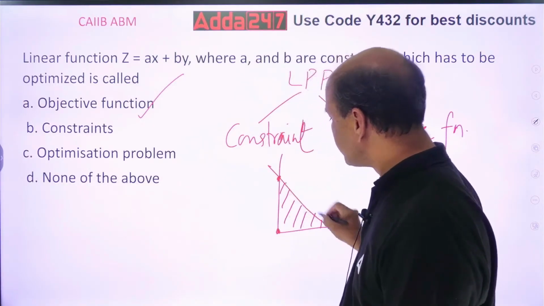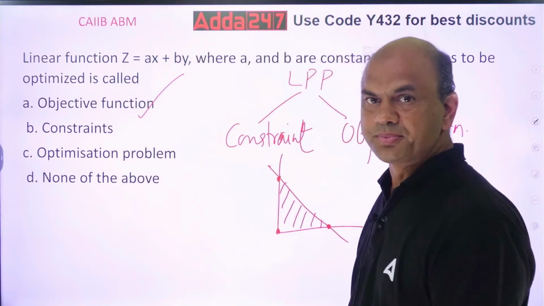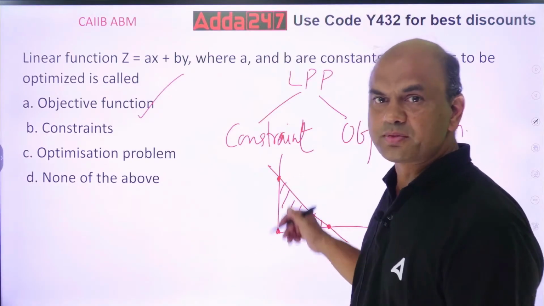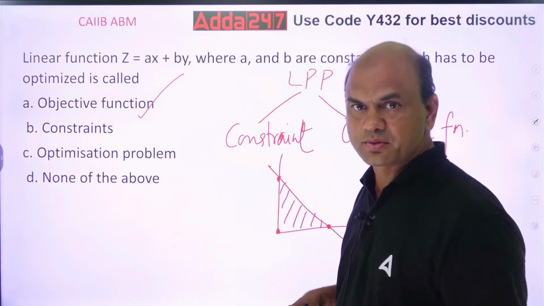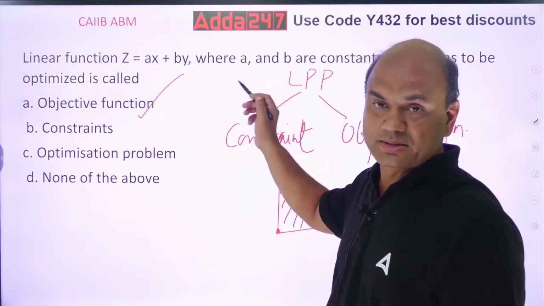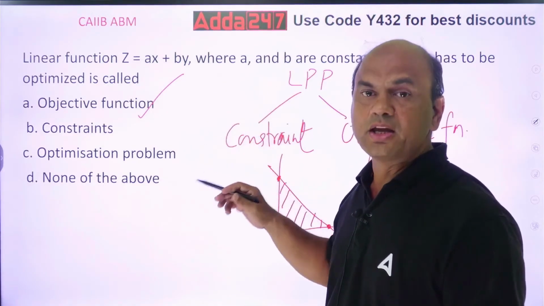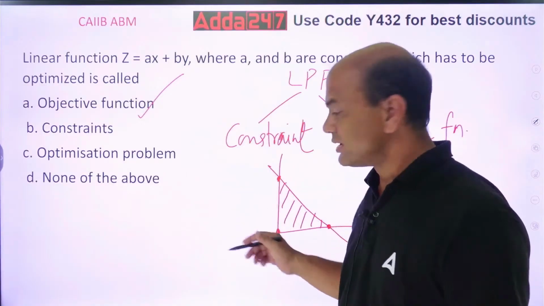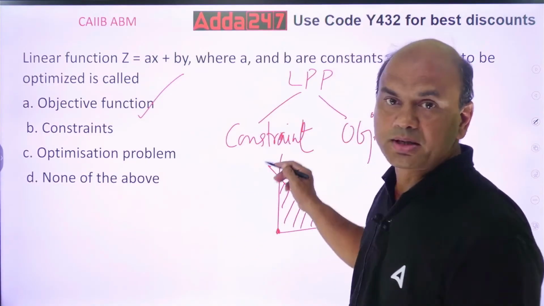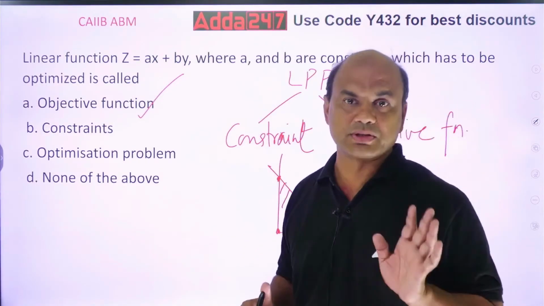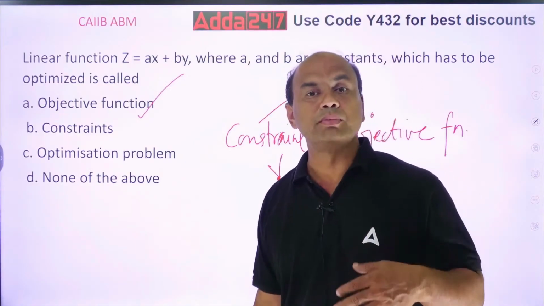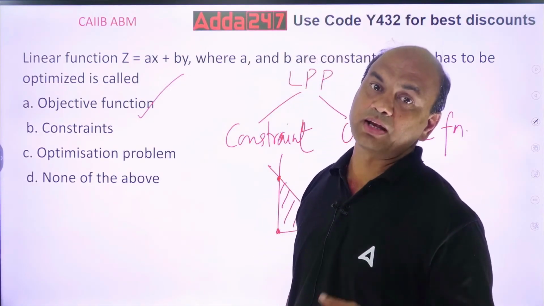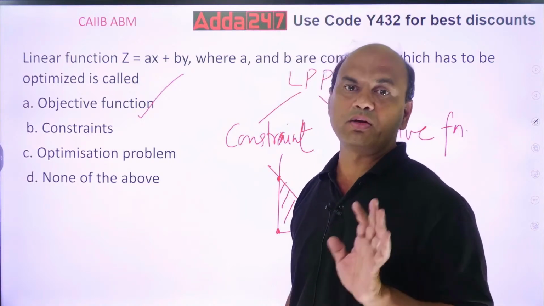Whenever I move this Z function, and I am asked in the question whether I have to maximize or minimize, if I am asked to maximize, then wherever I get the maximum answer, that will be my solution. If I have been told to minimize, wherever I am getting the minimum answer, that will be my optimum solution.